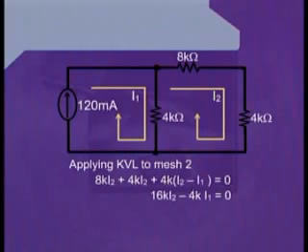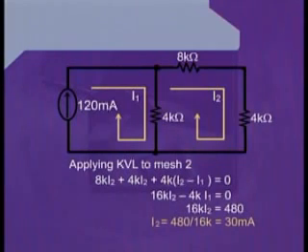Further simplifying it by putting the value of I1 into this equation, which we have calculated in the previous slide and was 120 milliamperes, we can write 16k I2 is equal to 480. Further simplifying it, we can write I2 is equal to 480 divided by 16k, which is equal to 30 milliamperes.